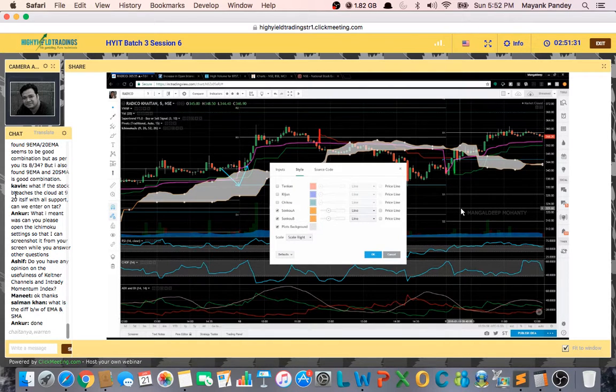Salman is asking, what is the difference between EMA and SMA? The full form of EMA is exponential moving average and the full form of SMA is simple moving average. The difference is that EMAs are faster than SMAs. EMAs take the data based on the current price, and SMAs take the data based on the average, so obviously SMAs will be slower than EMAs.